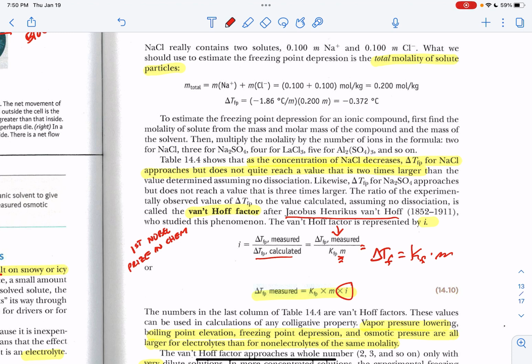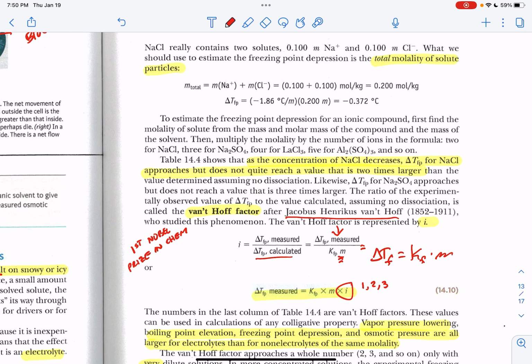And unless you are told otherwise and you're doing a test question or a homework problem, and you notice that your solute is an ionic compound, and that's all that you're told, I would use a whole number here, a 1 or a 2 or a 3, depending upon how many ions are in the formula.